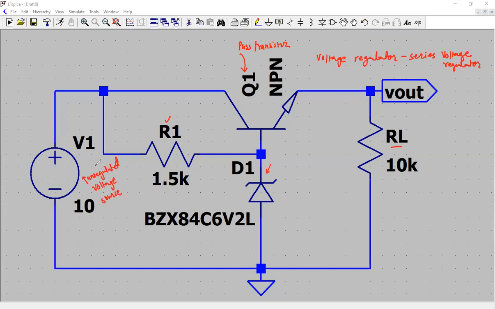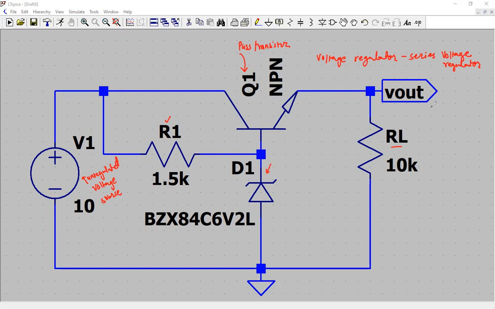So this value of unregulated voltage source is going to fluctuate due to variations in the temperature, due to variations in the load if we connect the load directly to it, or there is changes due to some noise or disturbance. So that's why we have this arrangement of the circuit.